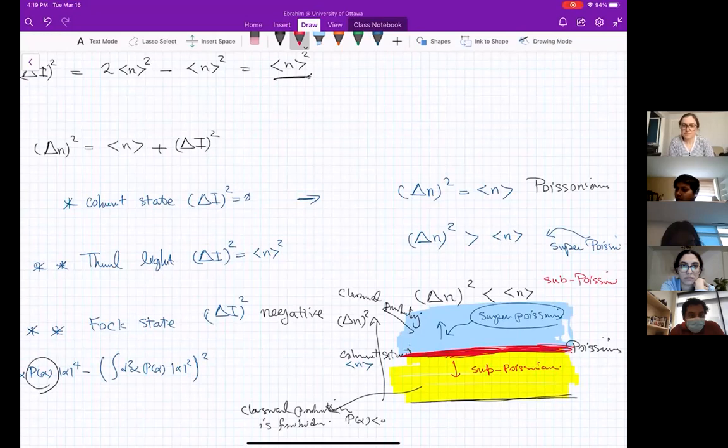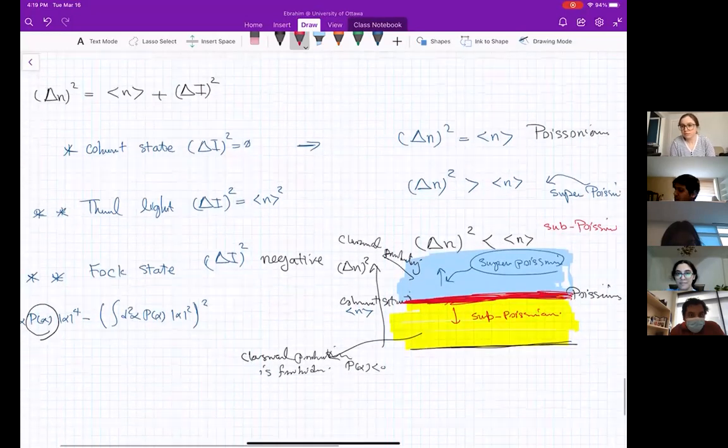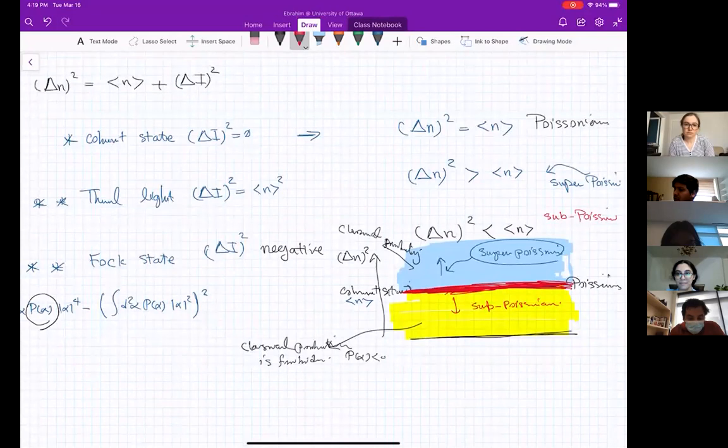I think we will come back to these when we deal with the G2 function, but I just want to get you familiar with the description, and why, when we talk about classical and non-classical, we mean this. Everything is defined by delta I squared.